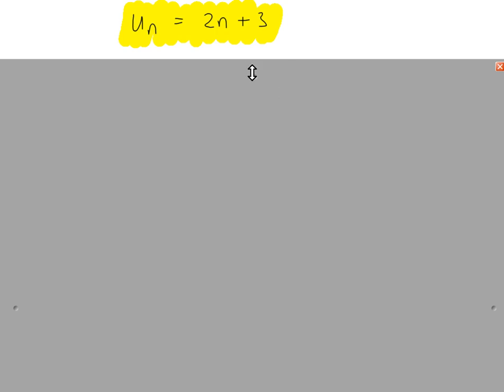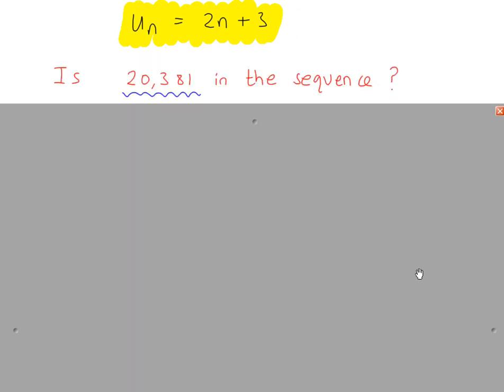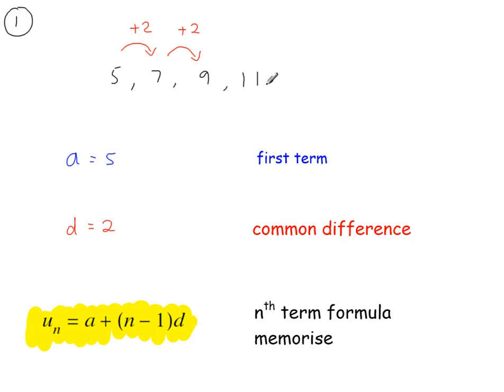A simple problem using this formula would be this. Is this value in the sequence? Because the sequence does not stop at 11, it just goes on. So would this value be in the sequence?